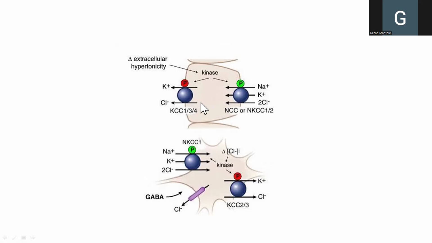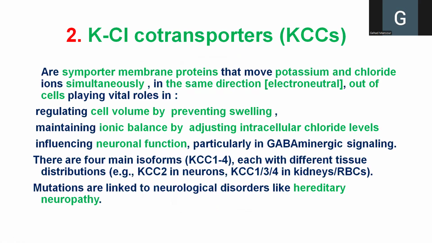And it seems that sometimes this transporter has to function on purpose in order to prevent accumulation of chloride, in particular inside the cell. So the purpose of the potassium chloride co-transporters is regulating the cell volume by preventing swelling, because we all know that if chloride accumulates inside the cell, it will attract water and there would be swelling of the cell.